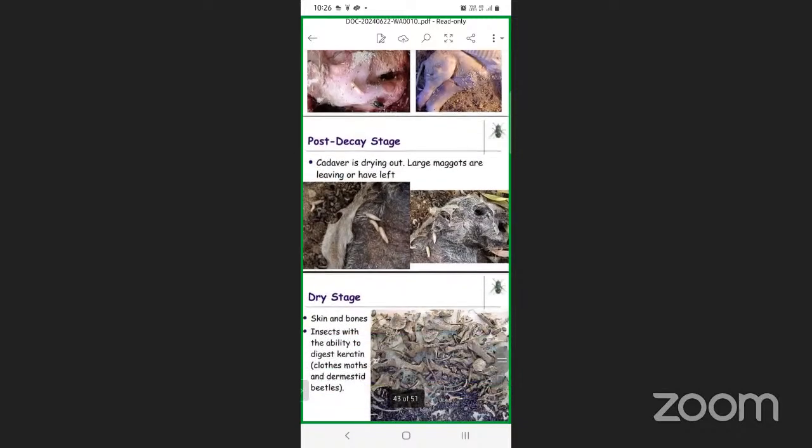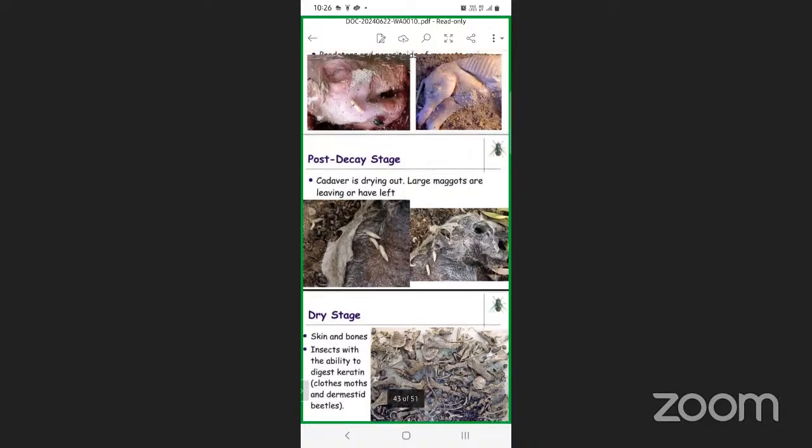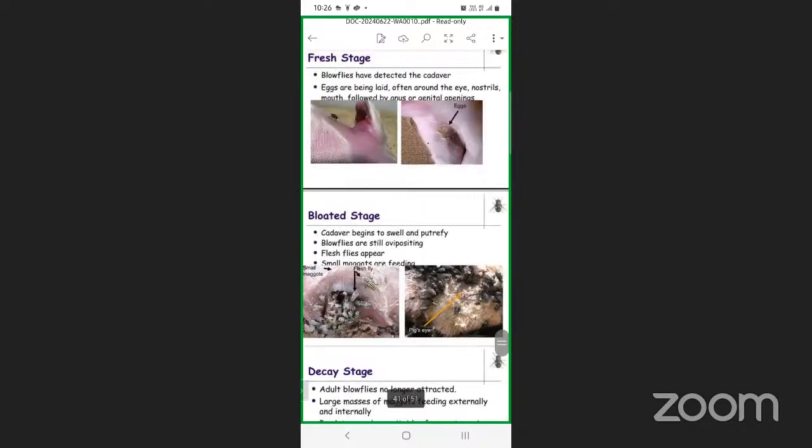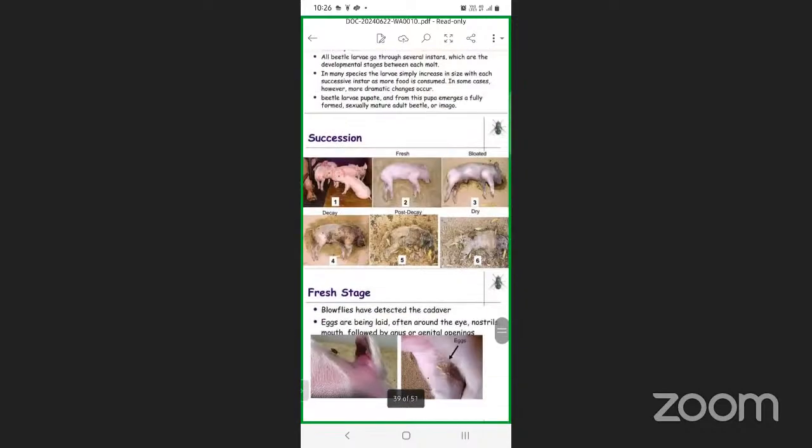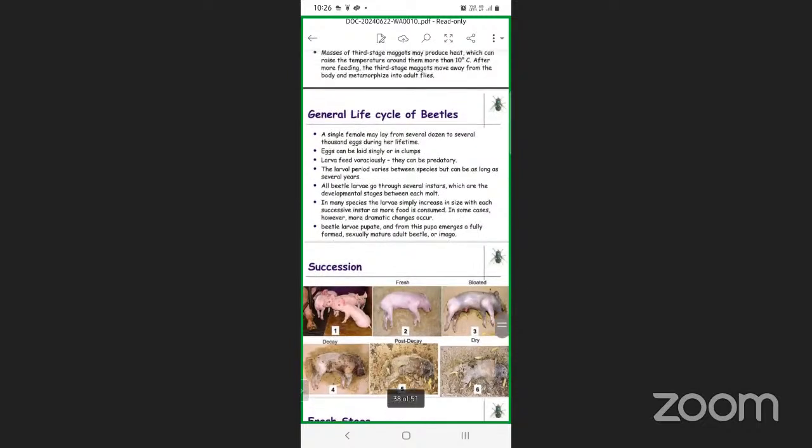Even when we see the dry stage, with skin and bones, insects with the ability to digest keratin, such as clothes moths and dermestid beetles, will be found. We also see beetles laying several dozen to thousands of eggs, and these laid eggs will be in clumps.